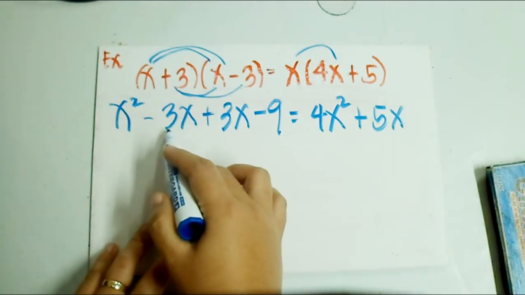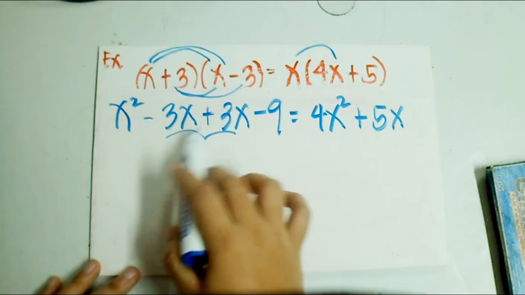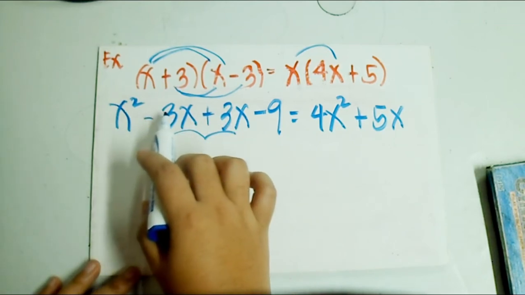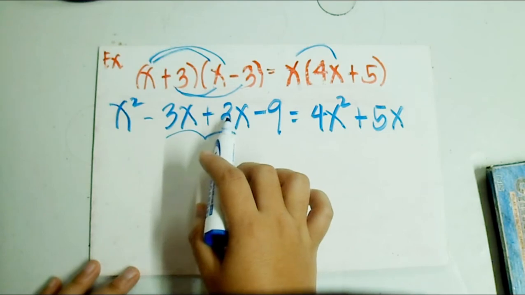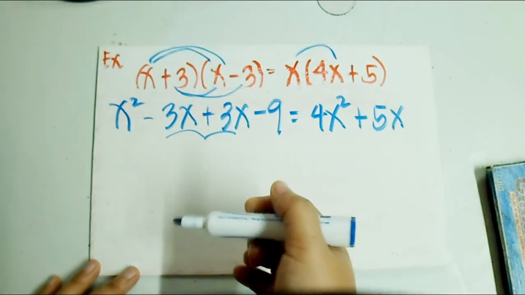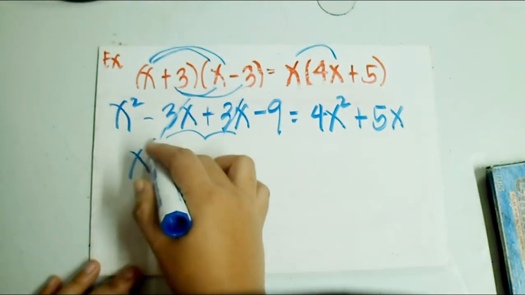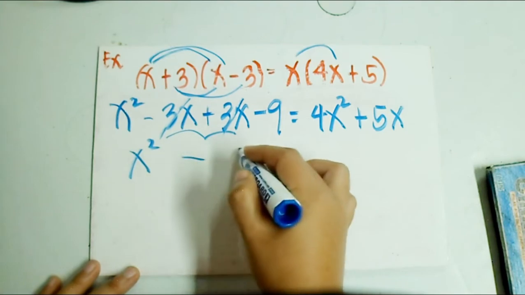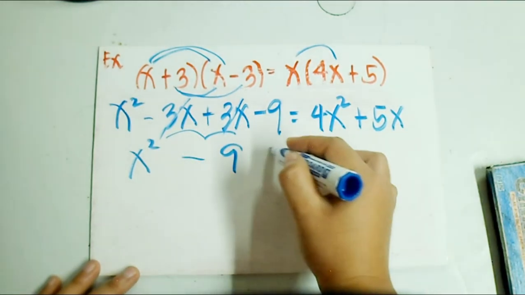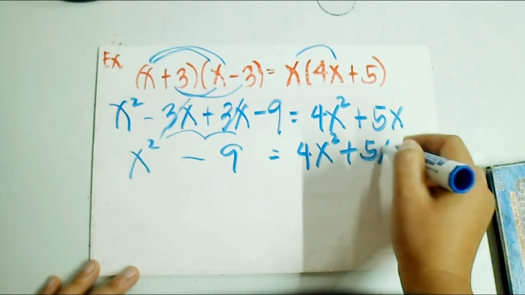On the left side, we notice that we have similar terms. We can combine them. Notice that negative 3x plus 3x is 0. So we could just cancel that out and write x squared, copy minus 9, equals 4x squared plus 5x.